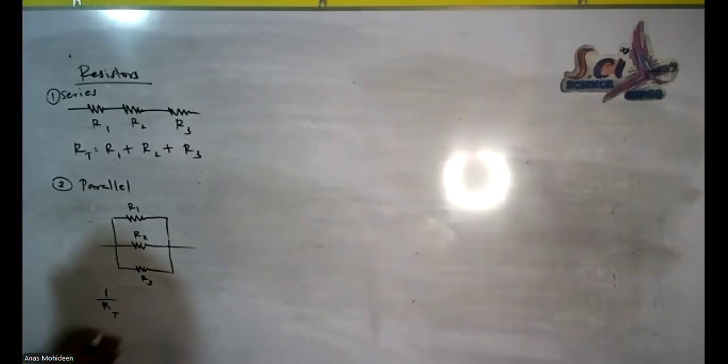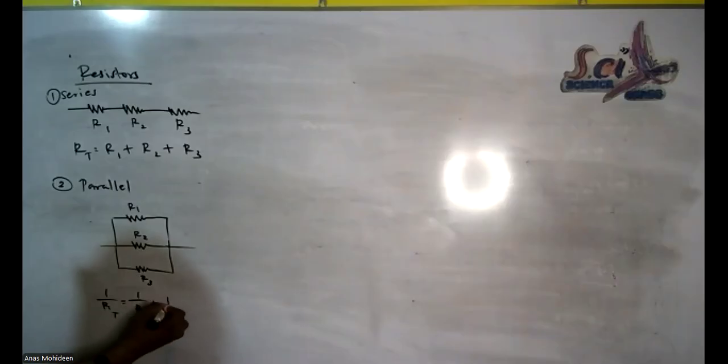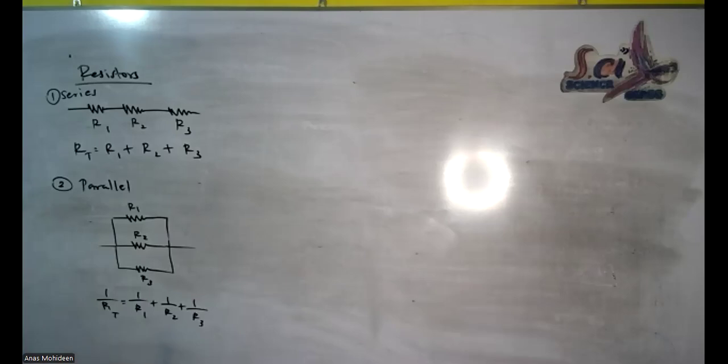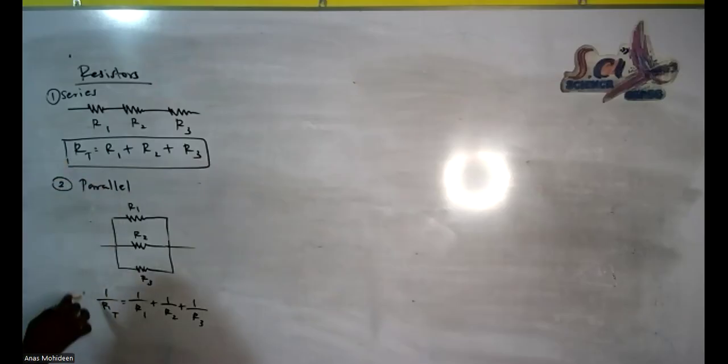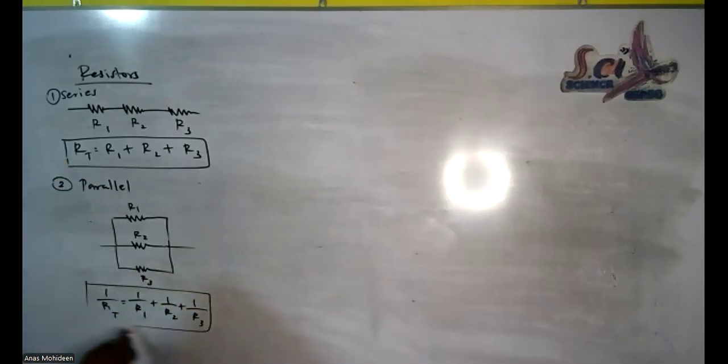The reciprocal of the total is equal to the sum of all the reciprocals. That means 1 over R1 plus 1 over R2 plus 1 over R3. So these are the two methods to find out the total resistance in series and parallel respectively.